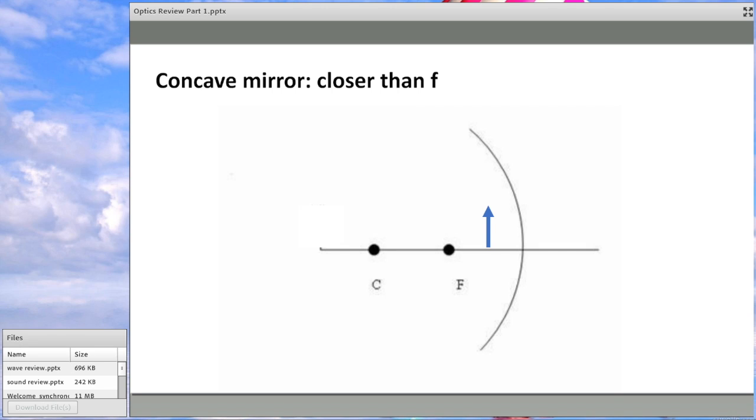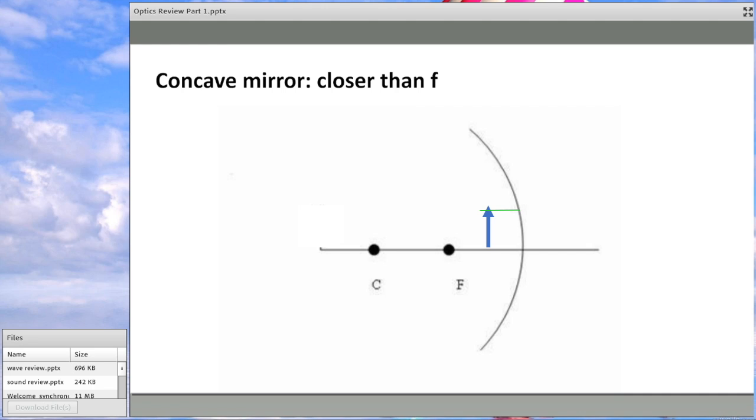So the first thing we're going to do for this one, and this is closer than F, is we're going to be at the top of our arrow. I want to make sure I do it right, so I'm going to do it a couple times until I can get, okay, that's probably as good as I'm going to get.